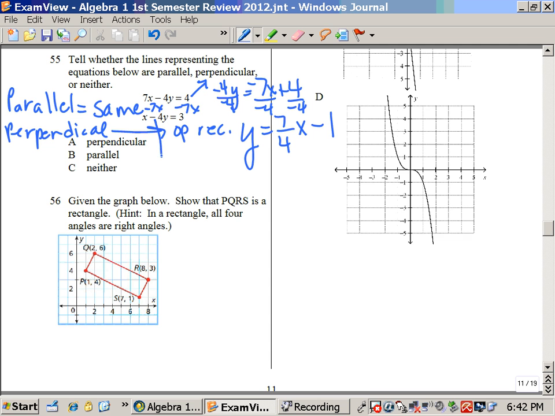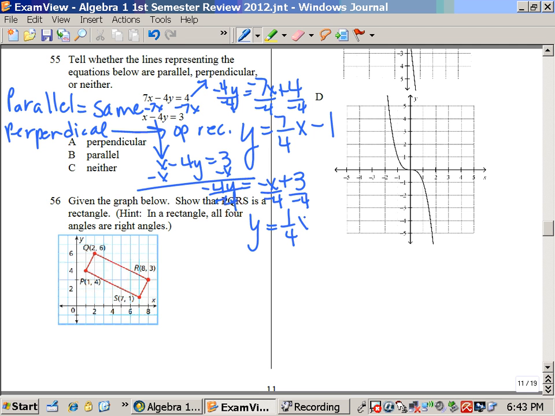Now I'm going to take the second equation and solve for y. Subtract x from each side, and -4y is equal to -x plus 3. Now I need to divide everybody by -4, and y is equal to 1/4 x minus 3/4.